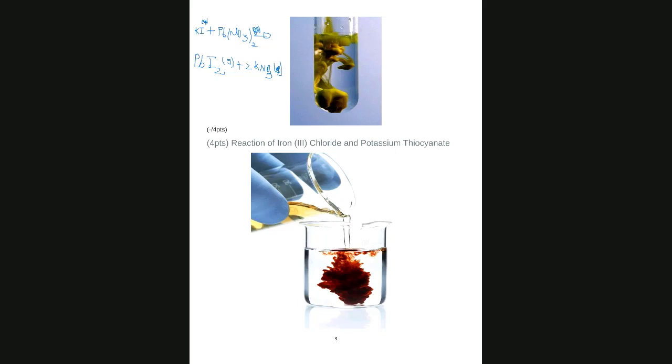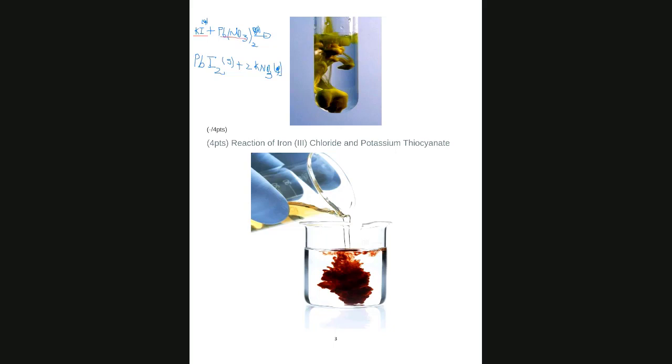So basically, I am mixing here. They will explain here, but basically, you are mixing two solutions. This is the product, but you are mixing two solutions. Let me change the color. This solution and this solution are colorless.